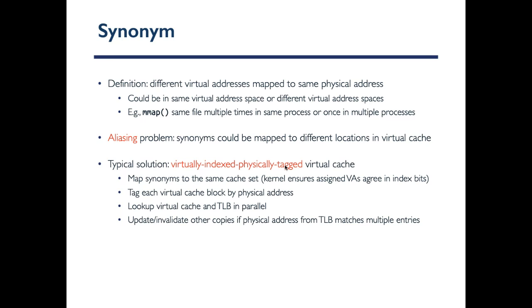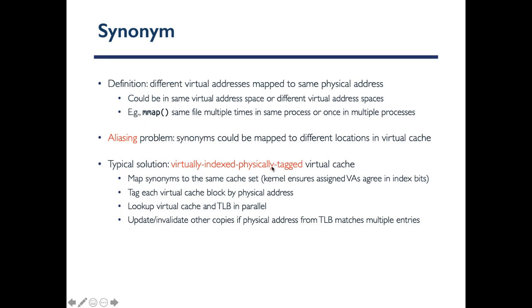Now, this is kind of like going against what you wanted in the first place. You wanted in the first place not to have to translate the address. You just wanted to use your virtual address. But if you don't use physical tags, then this aliasing problem will destroy everything.